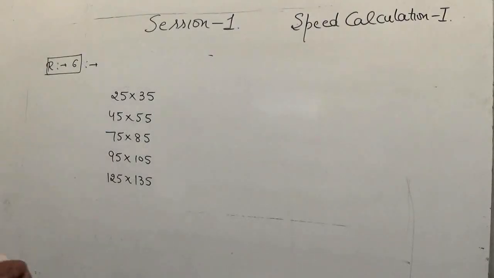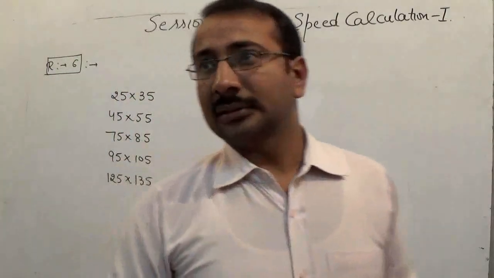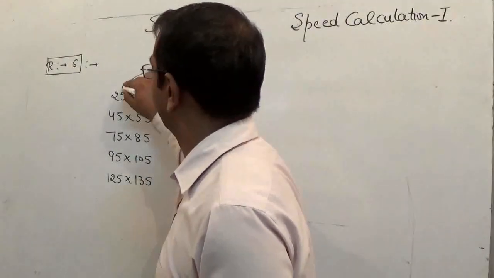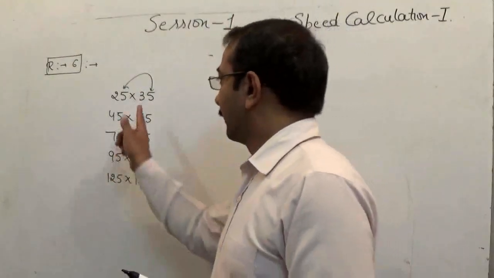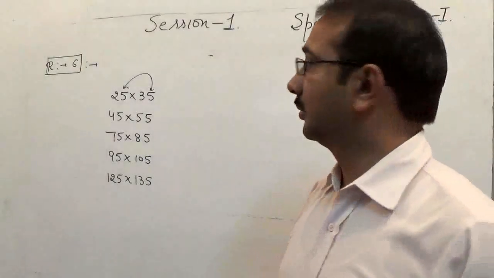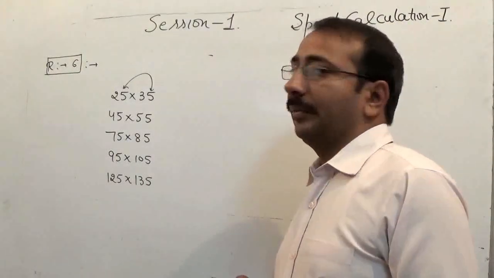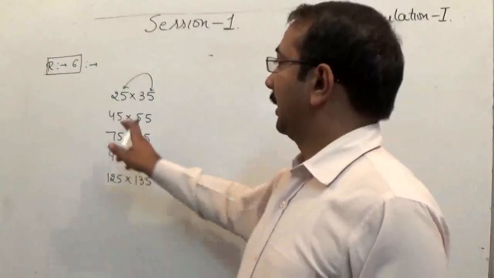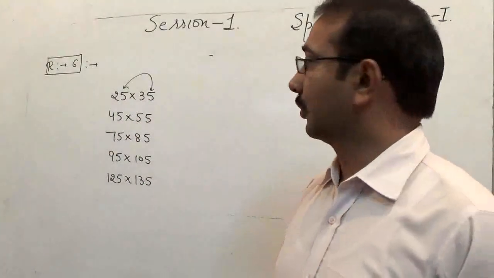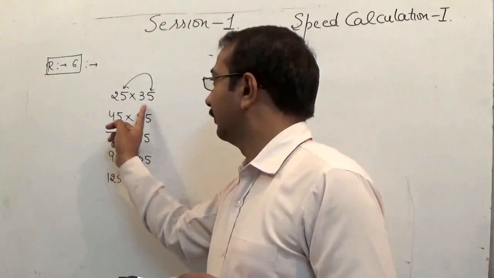When you look at these numbers, you will find that the last places are 5 and the difference between the starting numbers is equal to 1. Our next rule talks about when we have to multiply a pair where the last place of the number is 5 and the remaining portion of the number differs by 1.